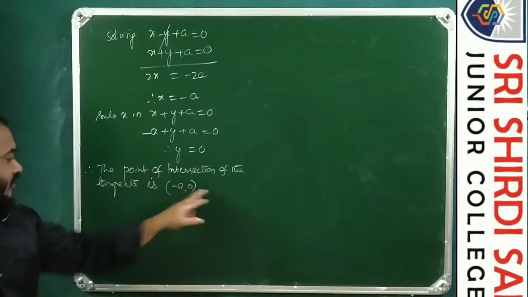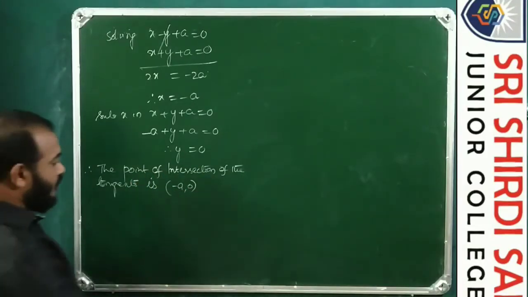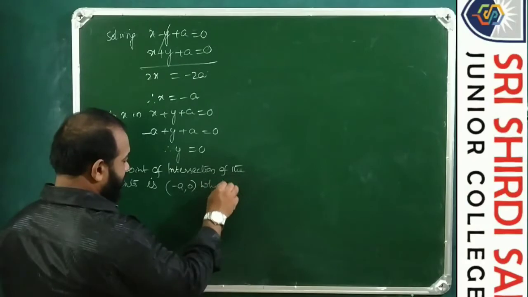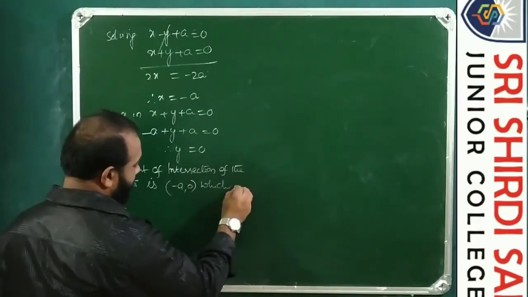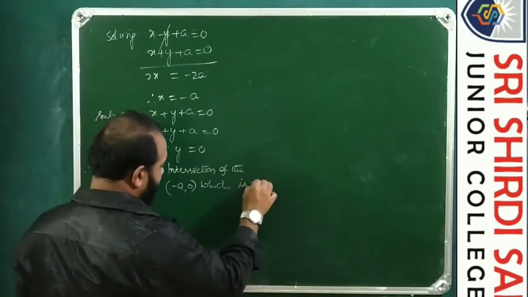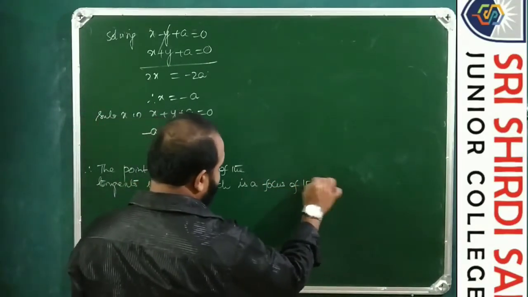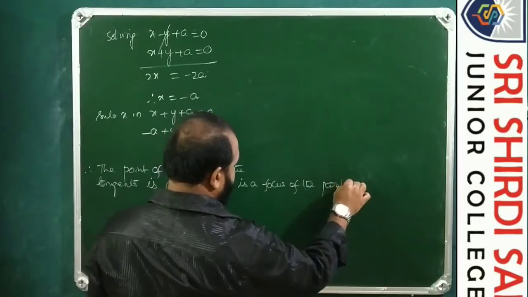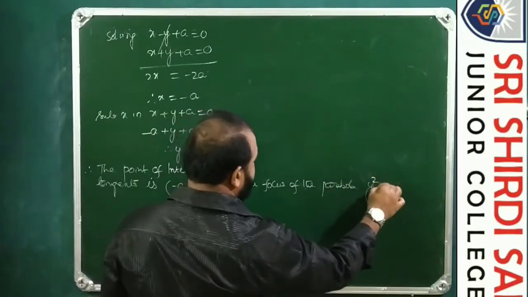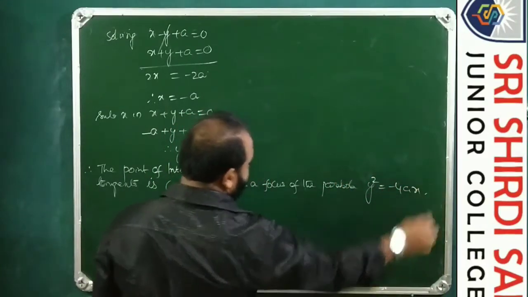The point of intersection of the tangents is minus a comma 0, which is a focus of the parabola y square equals minus 4ax.